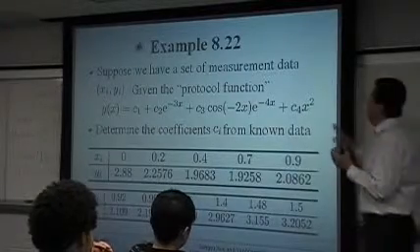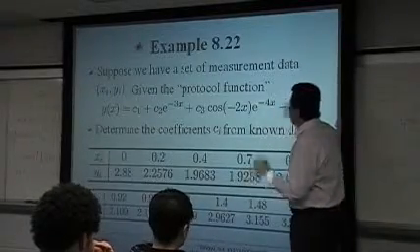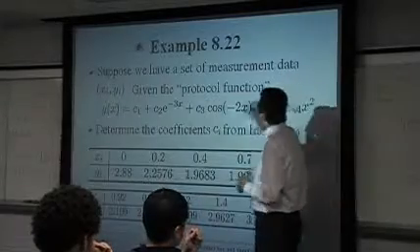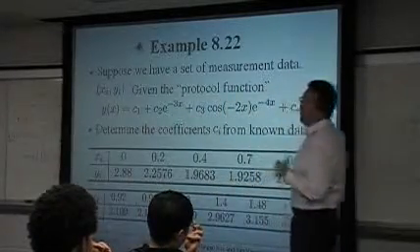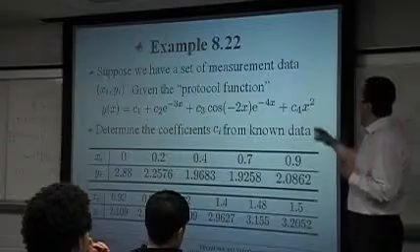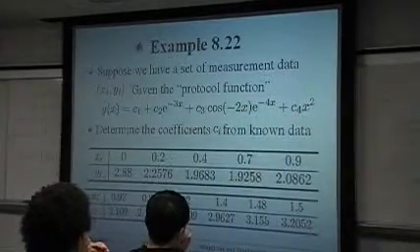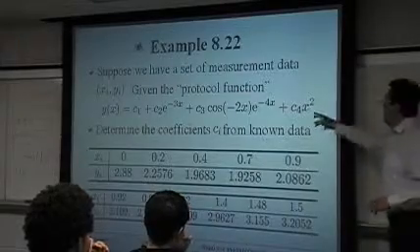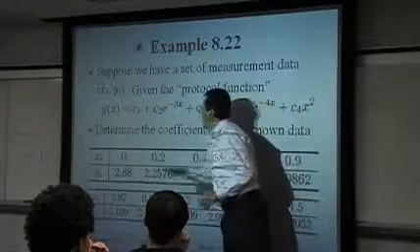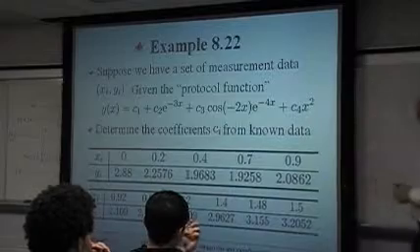We have the data and we have the prototype form of the function, but we do not know details of the coefficients. How can we find the undetermined coefficients from this data? This is very useful in engineering.